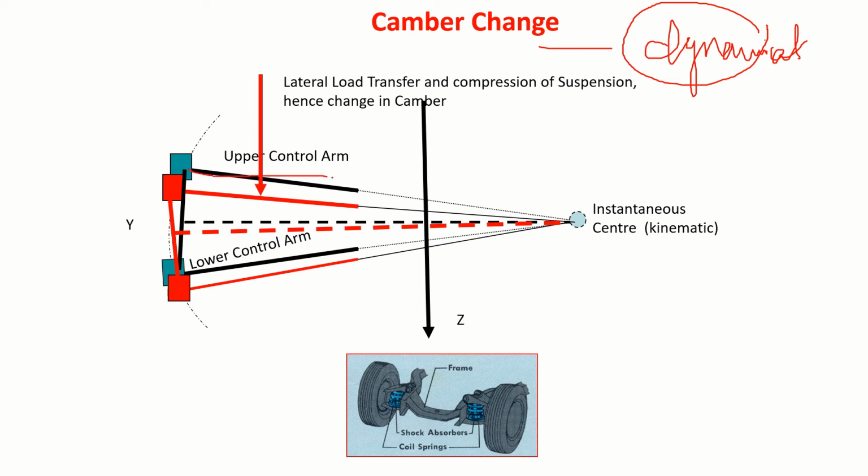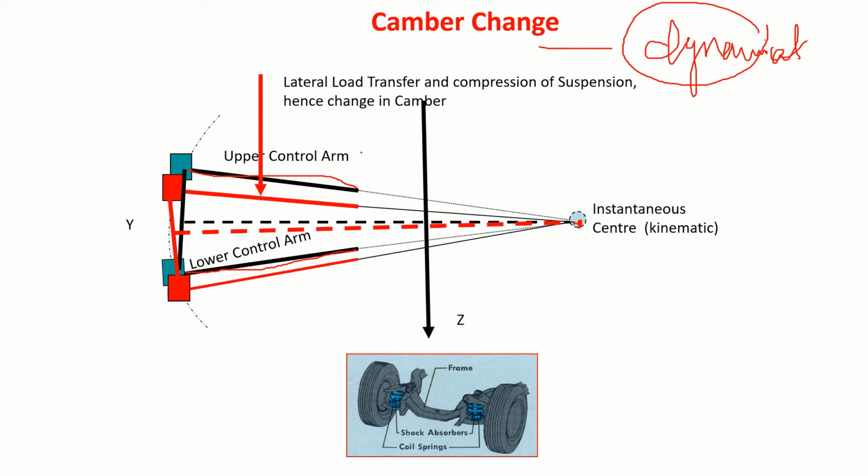This is the upper control arm of the suspension, and this is the lower control arm of the suspension. If I just extend these two, they will meet at one point. Let me call it the instantaneous center. Now imagine the vertical direction.